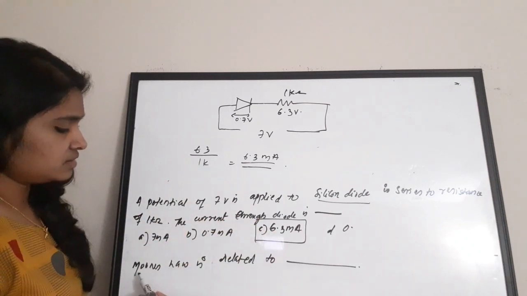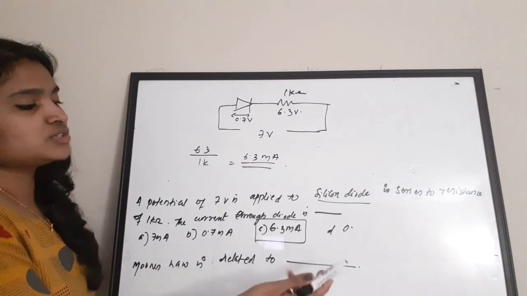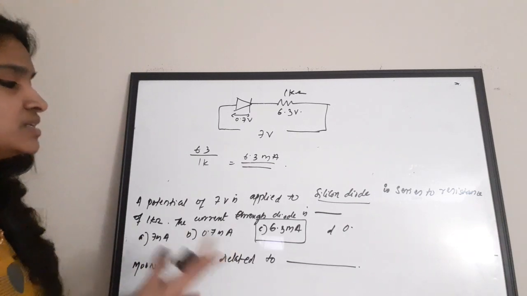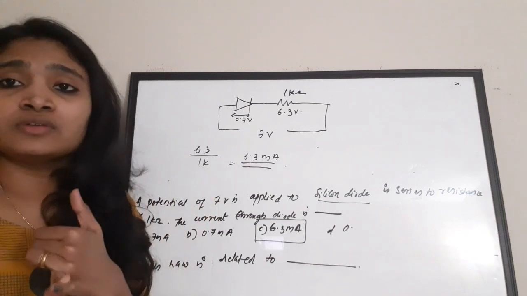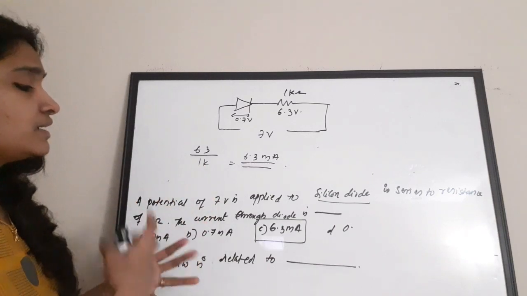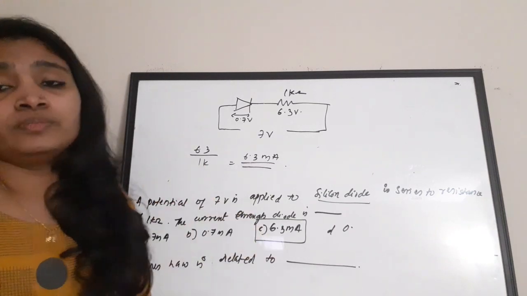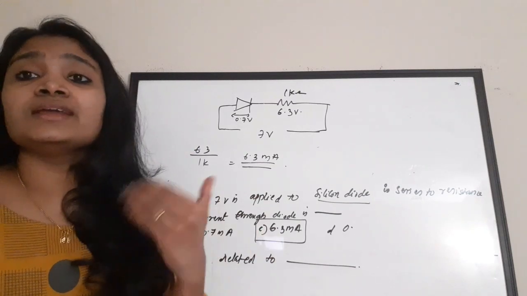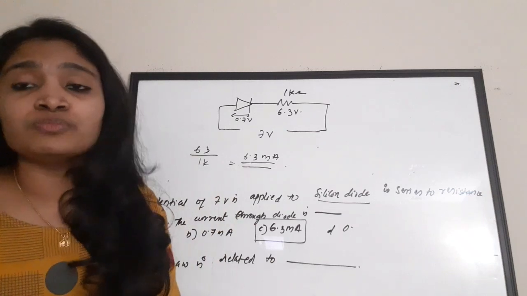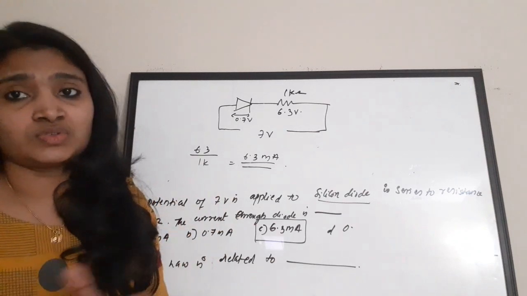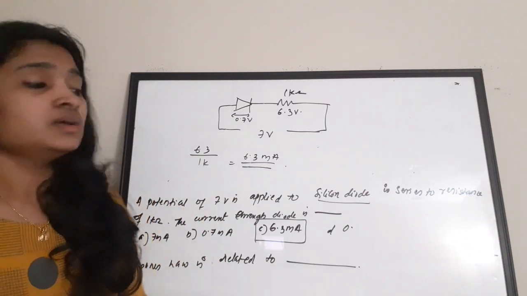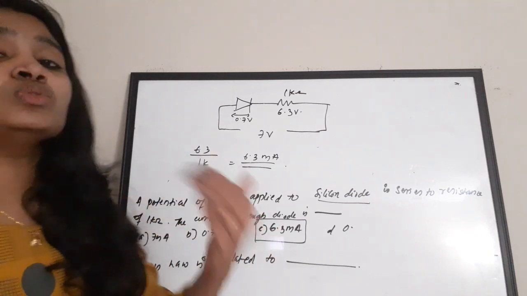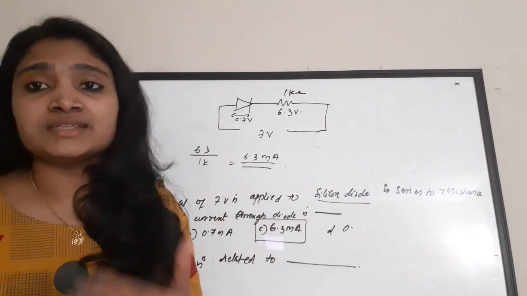Next question. Moore's law is related to dash. I have skipped the options because the options were speed of working of the device and various other factors. But Moore's law, we are studying this as a basics of VLSI design. Moore's law is dealing with the level of integration of MOS structures, metal oxide structures. Due to this Moore's law, the VLSI technology is actually developing.